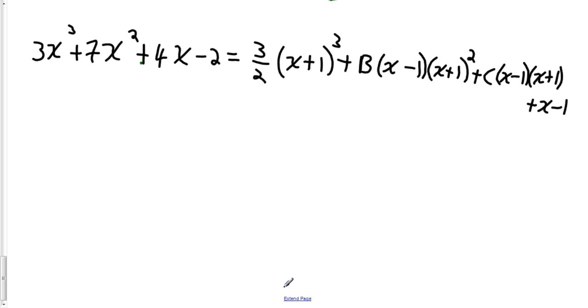And then what I'm going to do from here is clear out the fractions by multiplying everything by the denominator here, 2.